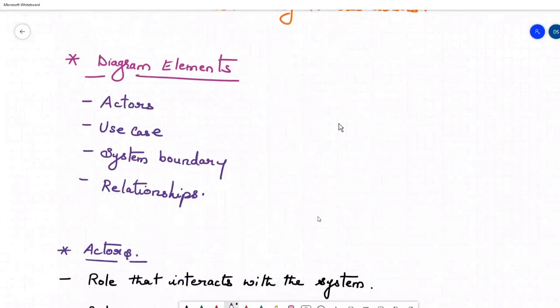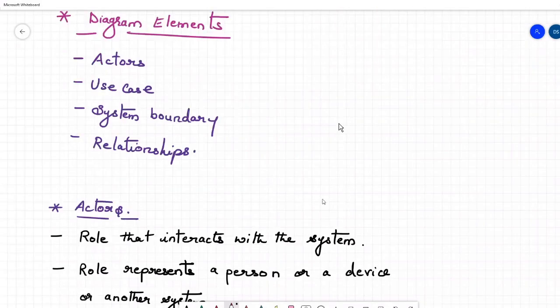Now, if we talk about drawing use case diagrams, we should keep in mind the actors, the use case, the system boundary, and relationships. These are the four basic components needed to complete the use case diagram.